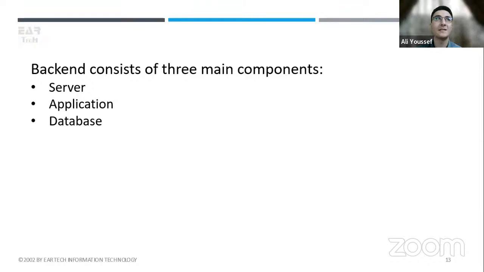You can consider it as a car engine, doing all the important work in the vehicle, while the driver or the user in the front end interacts with the controls and sees the results.